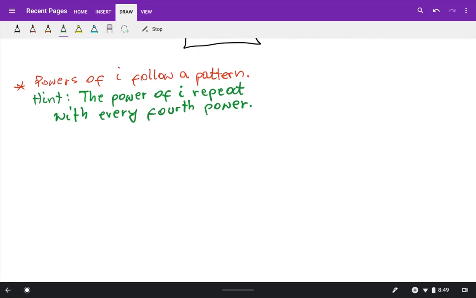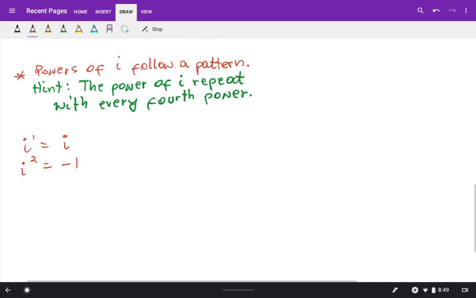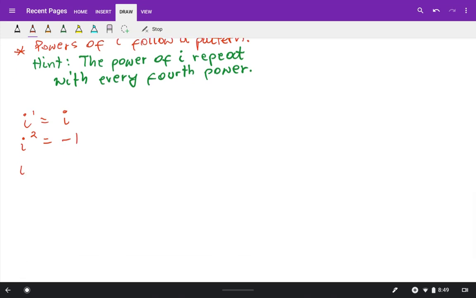Okay, so you want to know exactly the first 4 powers. i to the power of 1, of course, is equal to i. i to the second power, we know this is negative 1. i to the third power is equal to negative i. i to the fourth power is equal to 1.